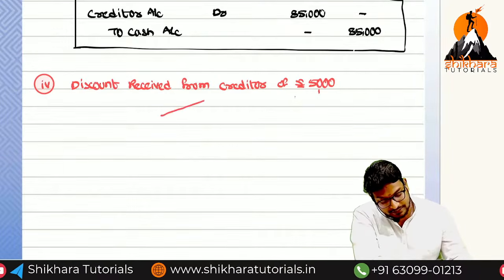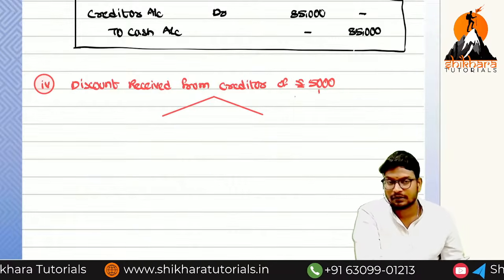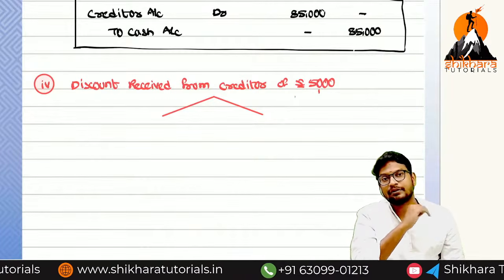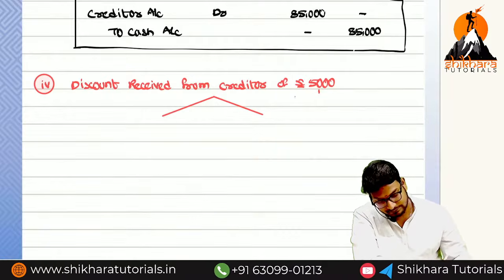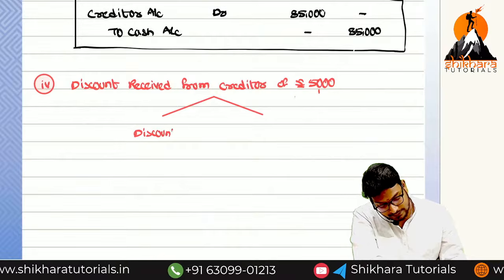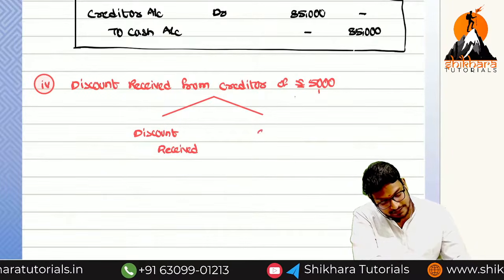Here there is a myth that discount received means we are receiving cash from the creditor. No, whatever liability is pending, they are going to write off the complete 5,000. So the two outcomes are discount received and creditor. Who is giving the discount received?